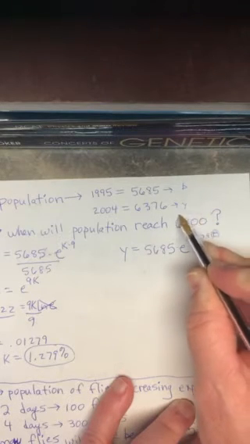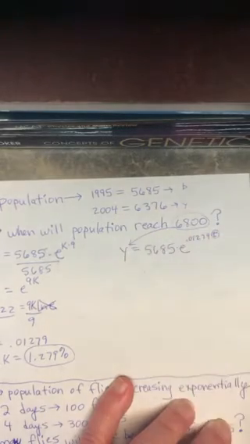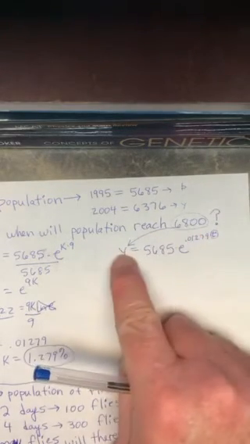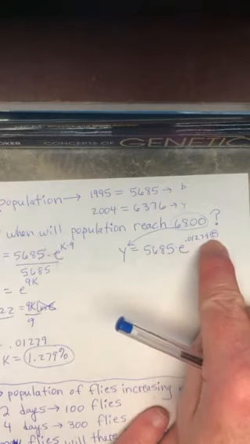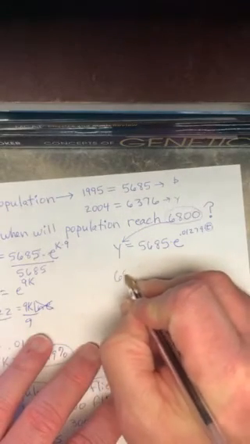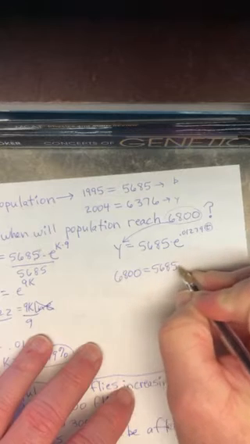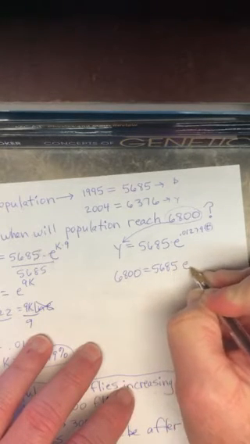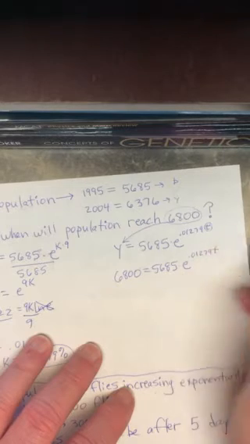But that 6,800 is the final amount of people we're seeking, so that's going to get plugged in for the y, and we've got our k value, we just don't know our t value. So 6,800 equals 5,685 times e to the 0.01279t.